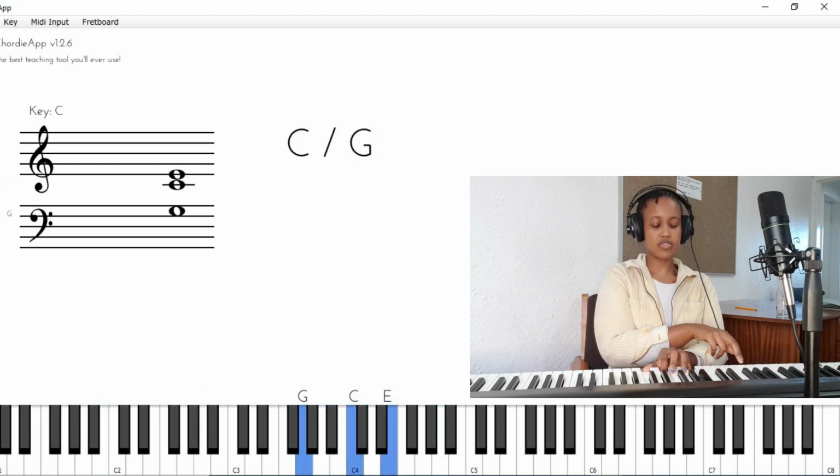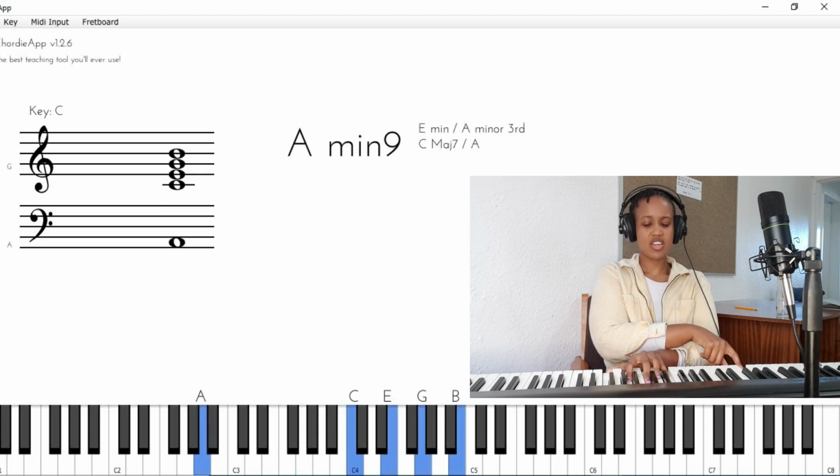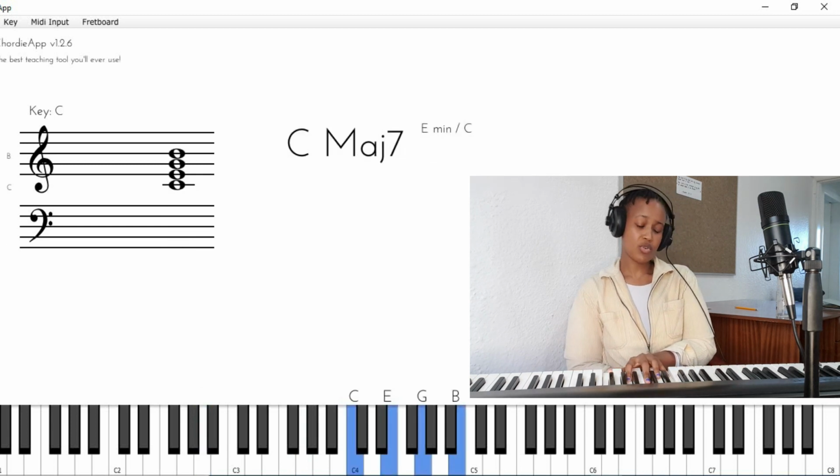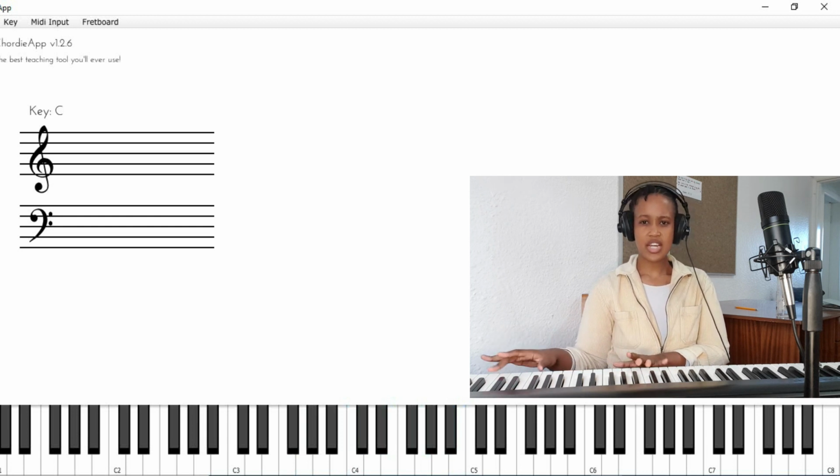here from the 7th. I mean, I don't think at this range you would particularly voice it over here. That might be too high for a left hand voicing. So most of the time A minor tends to be voiced over here, unless you were doing some kind of introduction on the piano.